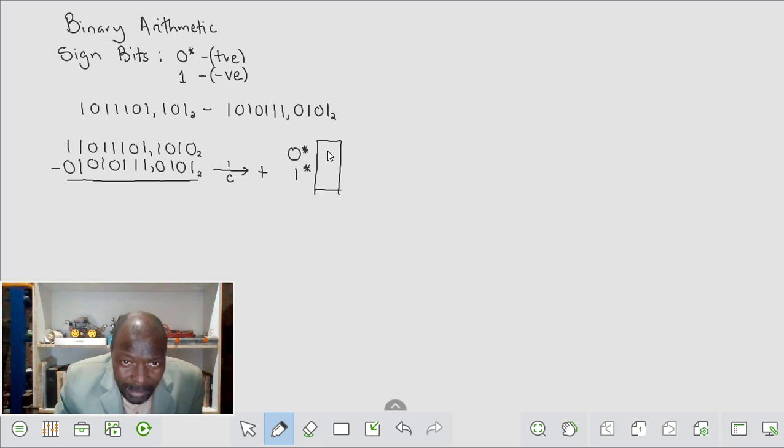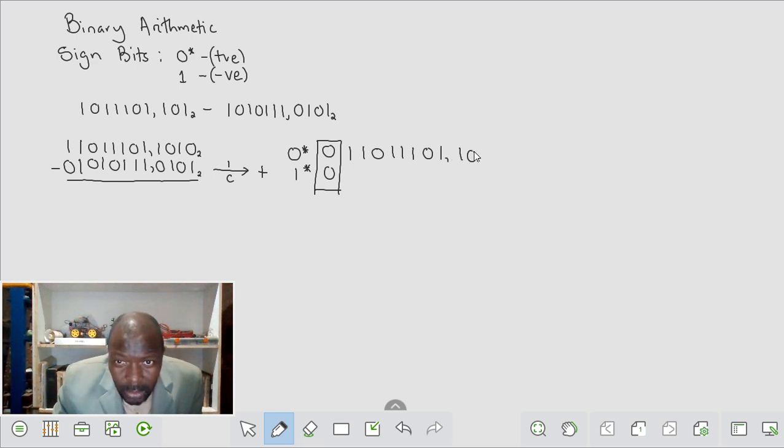These are buffer bits, so we put zeros before the number. Then we write the top number as it is.